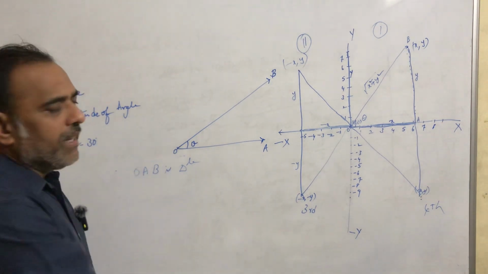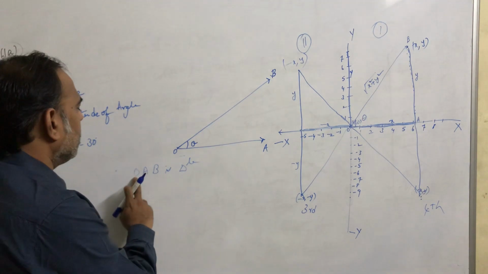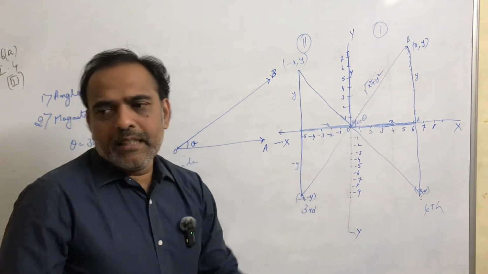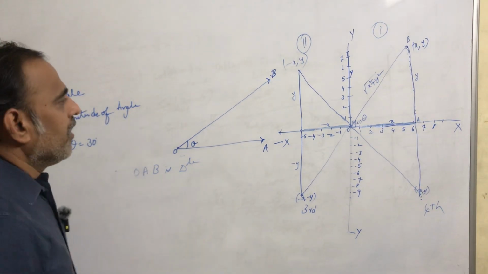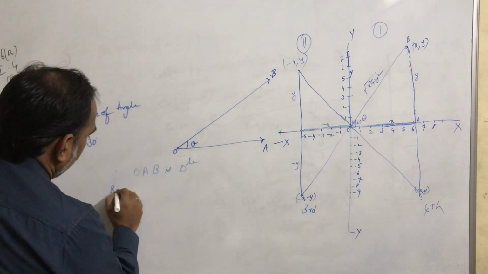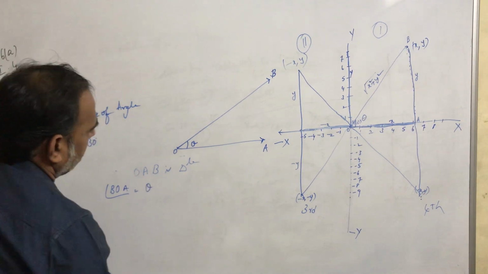Consider OAB is a triangle, and angle BOA equals theta.